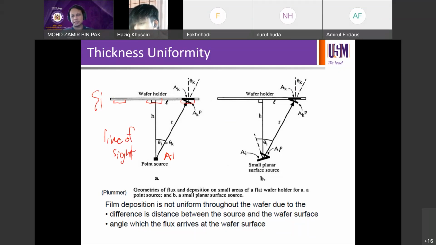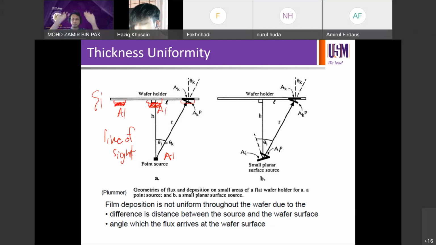So at some point you will probably experience that the aluminium deposited here is thicker than the aluminium deposited at the edge. Because of this issue, you will suffer from a uniformity problem.